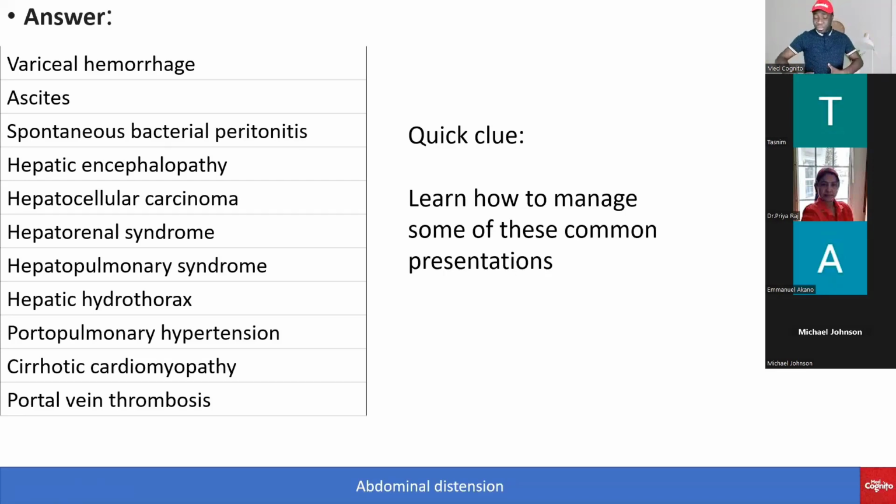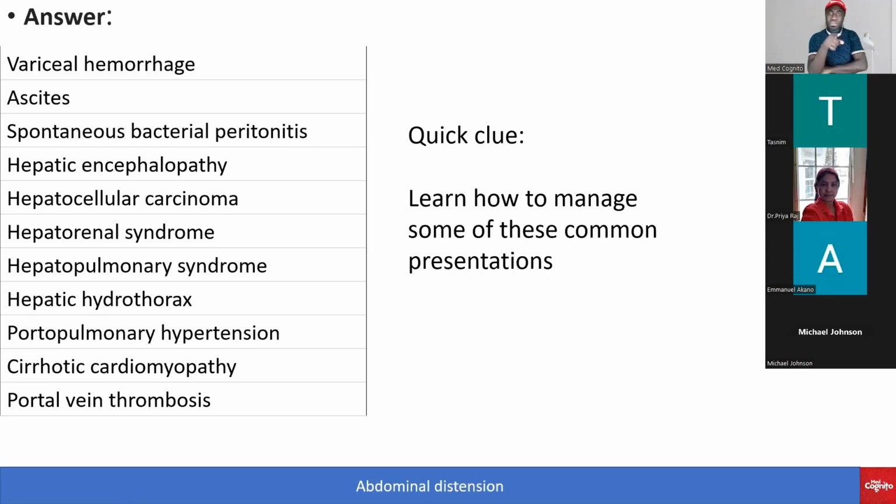It can be a relation between the liver and the lung, liver and spleen, liver and kidney. So even if you remember all these structures around the liver, they alone can help you to sort things out. Hepatic hydrothorax, portopulmonary hypertension, even some form of cardiomyopathy, cirrhotic cardiomyopathy, and portal vein thrombosis.